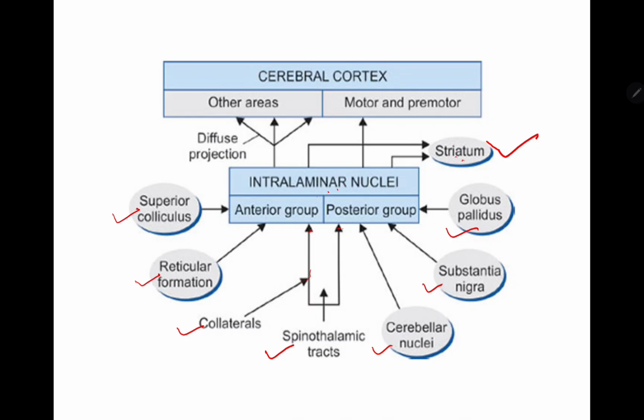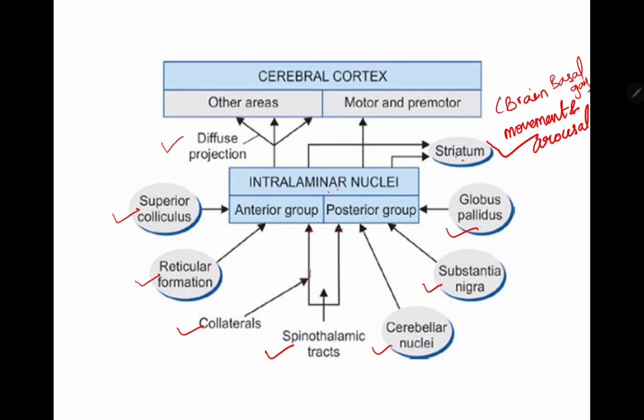It is a part of the basal ganglia that helps in control of movement and arousal.